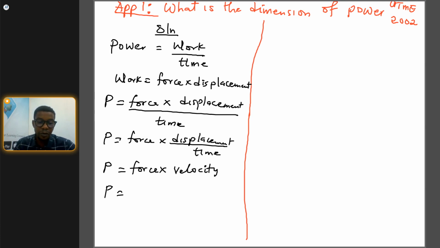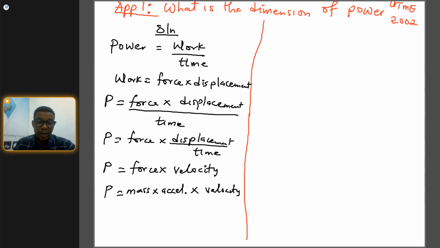Now, force is what? From the picture I sent you, you will see that force is mass times acceleration. Acceleration multiplied by velocity.